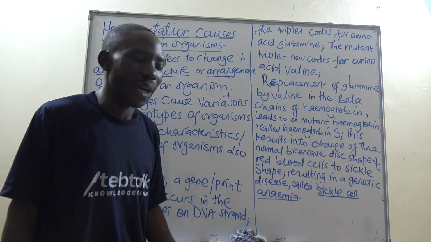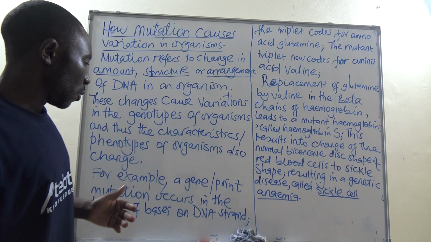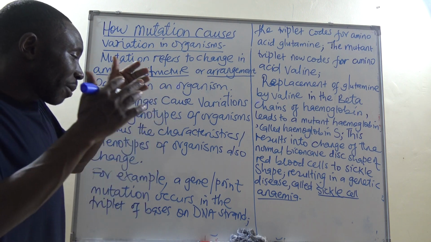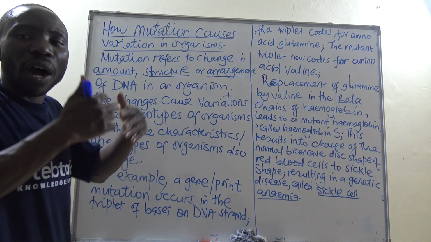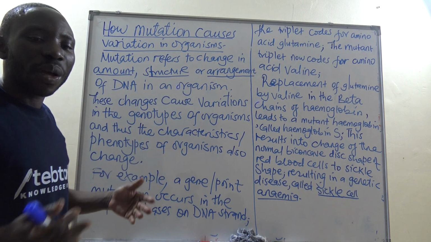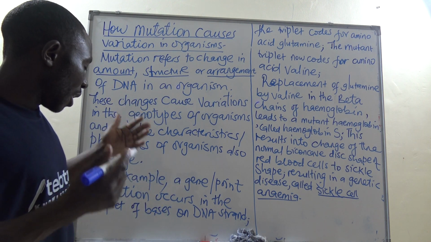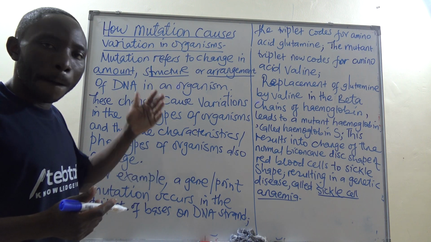sickle cell anemia. However, to finalize, individuals who are heterozygotes have an advantage because they are naturally resistant to malaria.